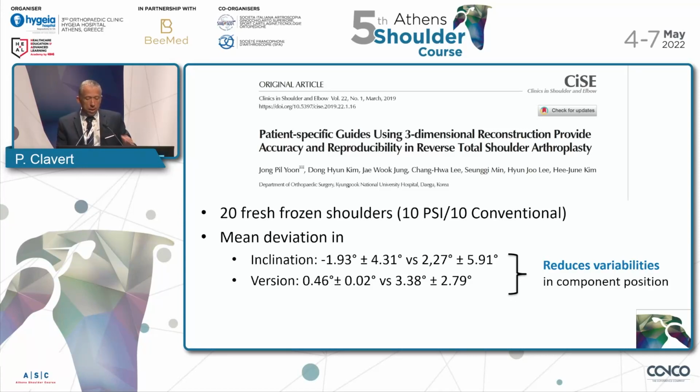The conclusion of this paper was that, looking at the difference in inclination and version between what was planned and the final results, the only thing brought by the PSI was that it reduces the variability in the component positioning, but for normal shoulders.